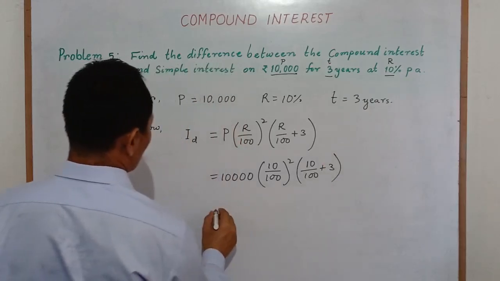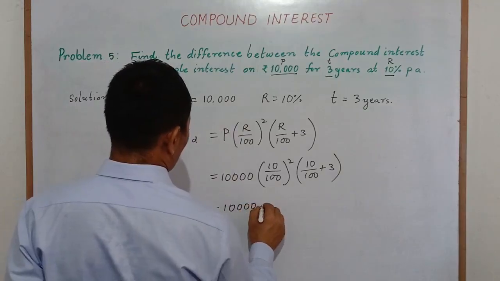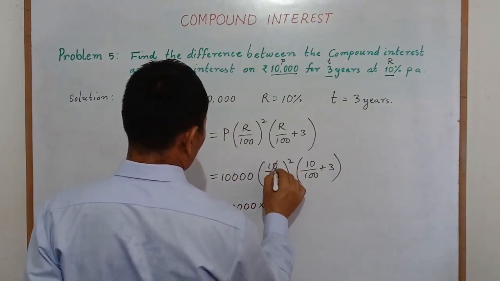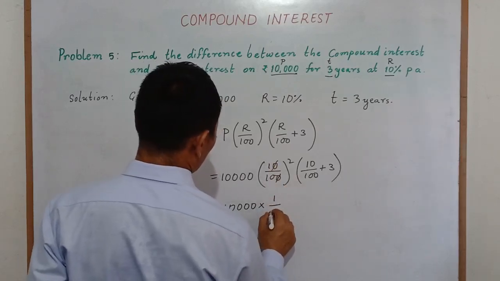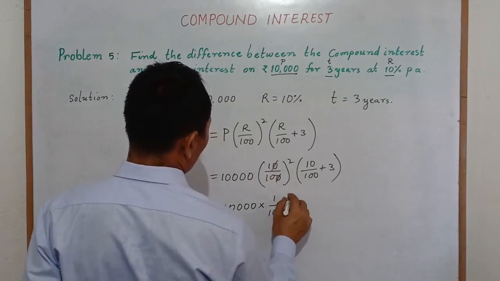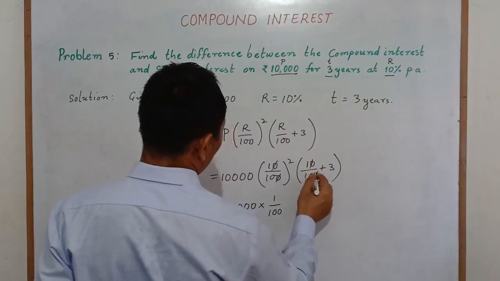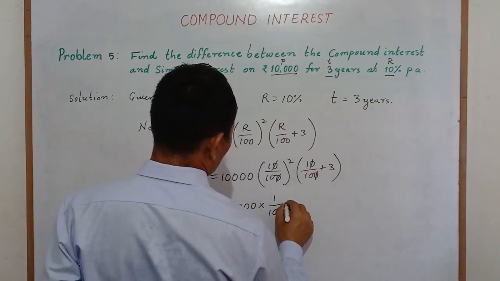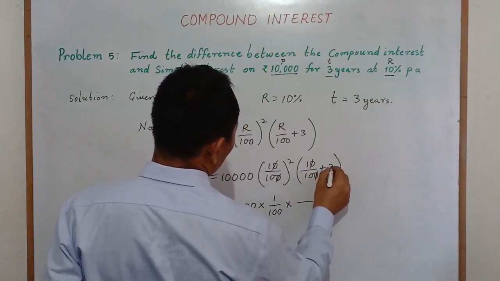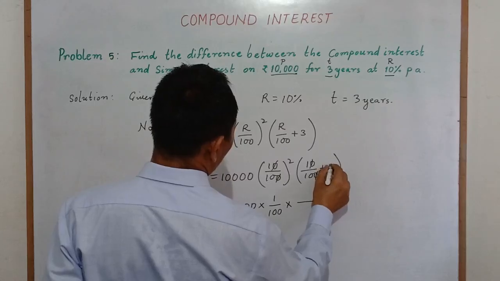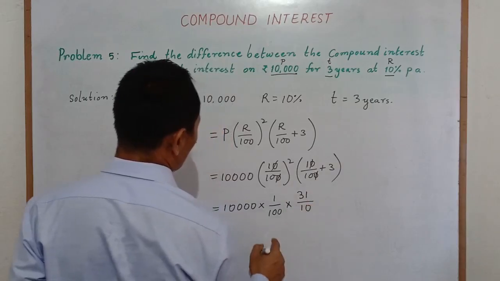So 10,000 into 1 by 10 whole square, that is 1 by 100, into 3 plus 1 by 10 which is 31 by 10.